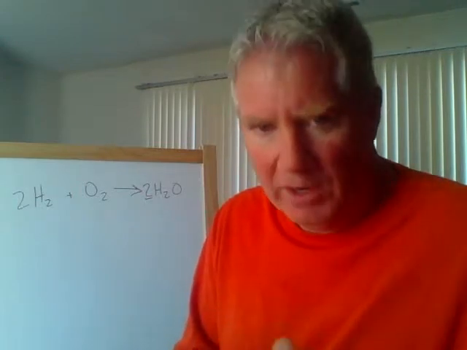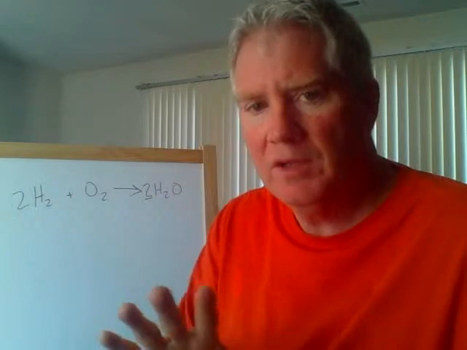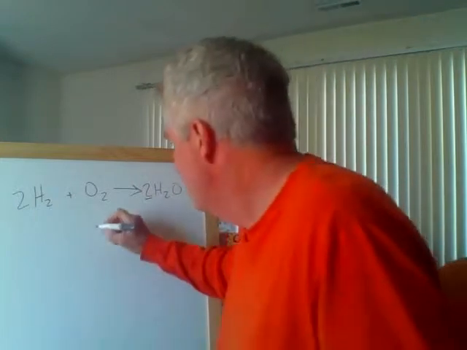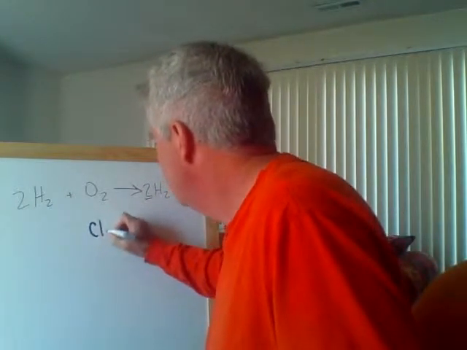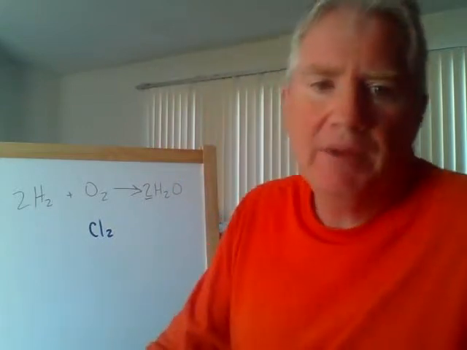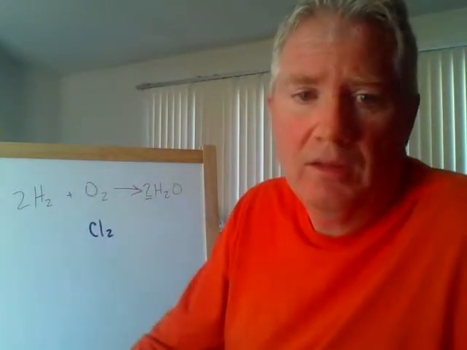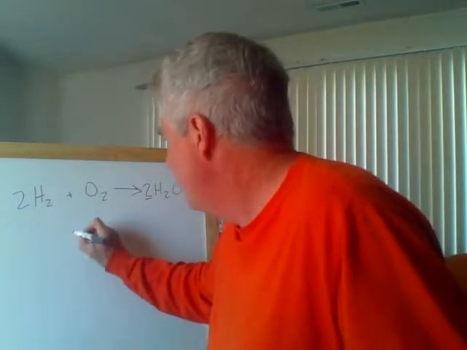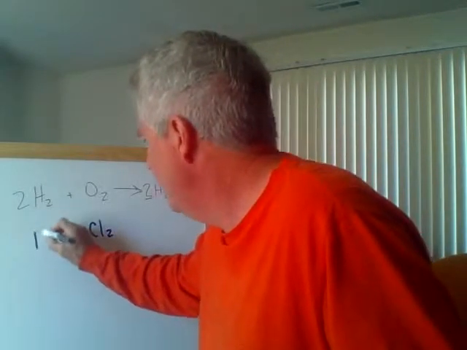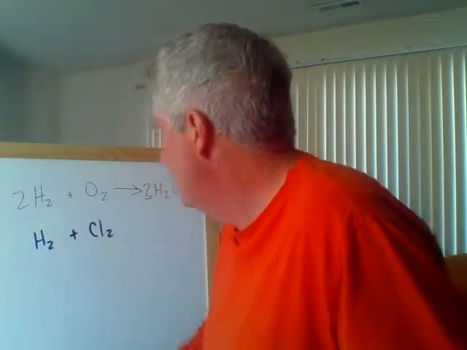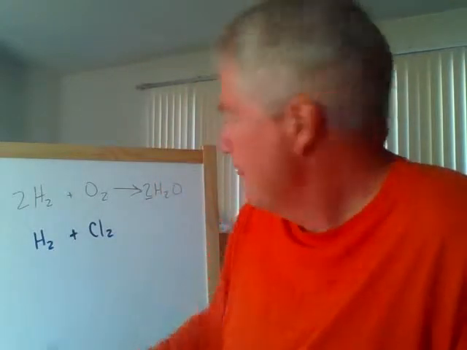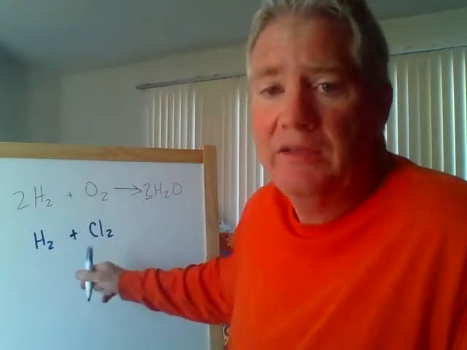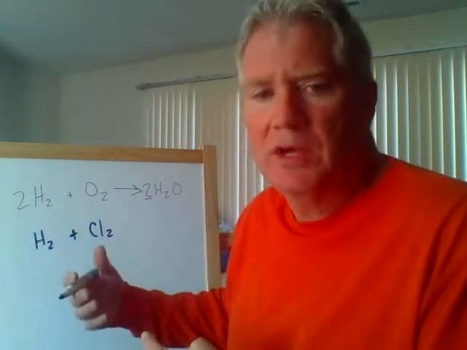Okay, so before I go to bleach, I'm going to cover one that's even more common than bleach, which is chlorine gas. So chlorine gas is a diatomic gas, very similar to what oxygen is. And when you react chlorine gas with hydrogen gas, the chlorine acts as an oxidizing agent, meaning it wants electrons.